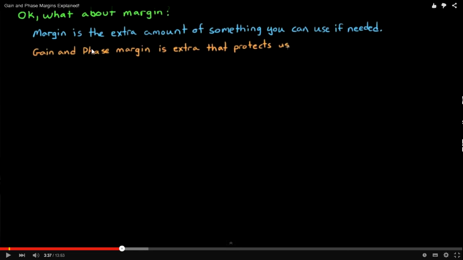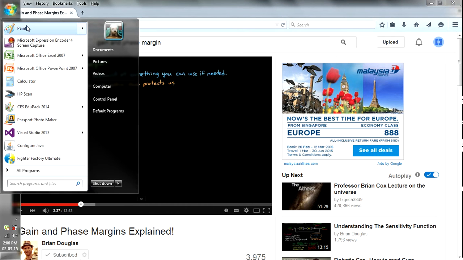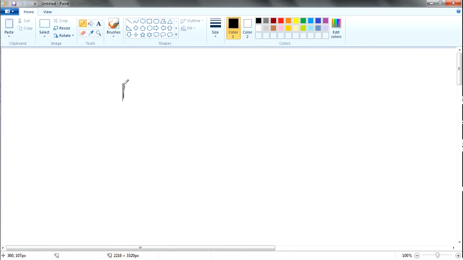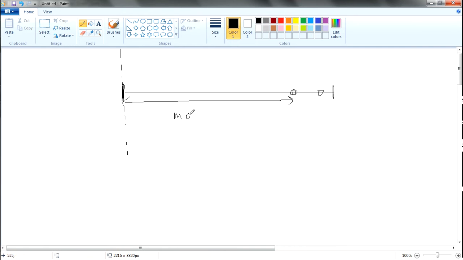In other words, the margin is like, let's say this is a scale line, you can be here, you can be here, but make sure you don't cross this limit. So this amount here is the margin, while this is the limit, I would say.